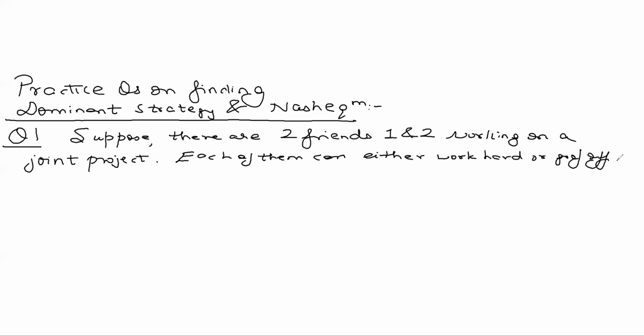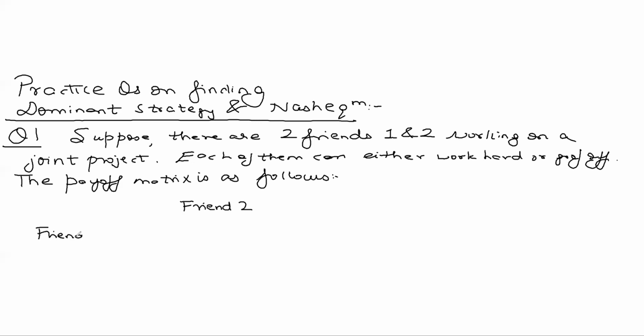The payoff matrix is given as follows. We have friend 2 here. We have friend 1 here. Our strategies are as follows: work hard, goof off. Both the players have this action profile.